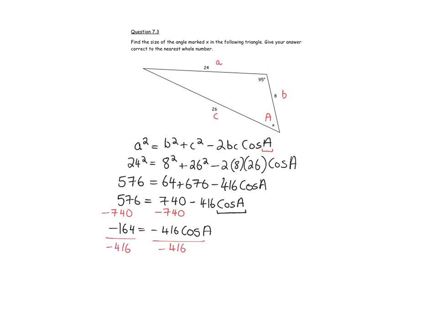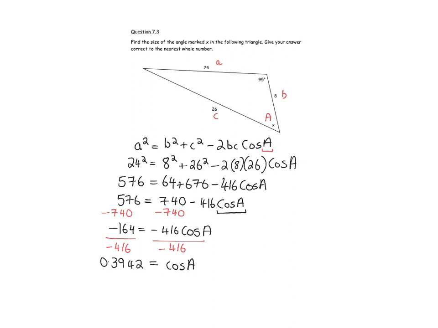When we get minus 164 divided by minus 416, that will give us an answer of 0.3942, and that's equal to the cos of A.